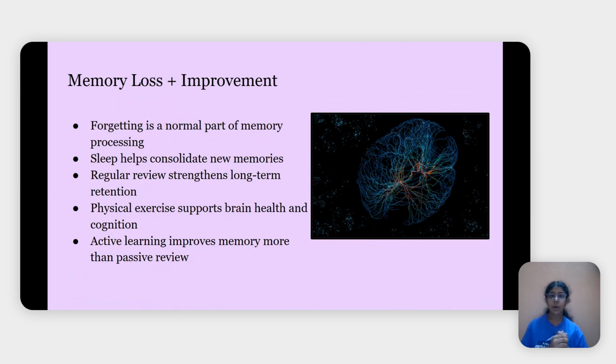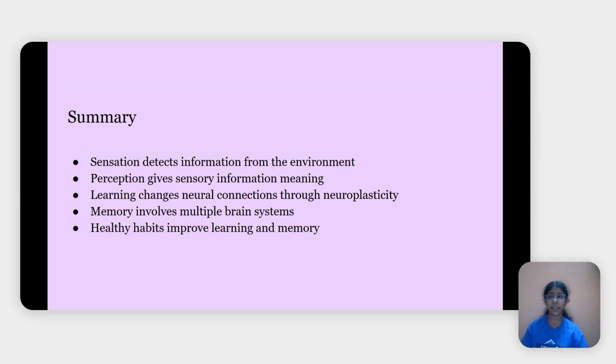A few ways to improve memory would be through sleep, as mentioned in a few previous modules. Sleep really helps to consolidate new memories. Regular review strengthens long term retention and potentiation. Physical exercise supports brain health and cognition. And active learning improves memory more than passive review, as is explained through Feynman's technique.